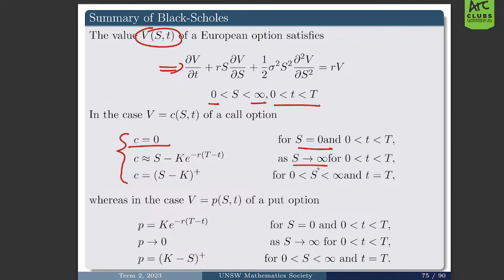But when S approaches infinity, meaning that it's really, really expensive now, it's worth like $1,000 or something, then in this case, and be very careful, the condition is that we haven't reached the exercise or the expiration date yet. T is the expiration date. So in that case, you would most likely want to exercise your right to buy at the expiration time.